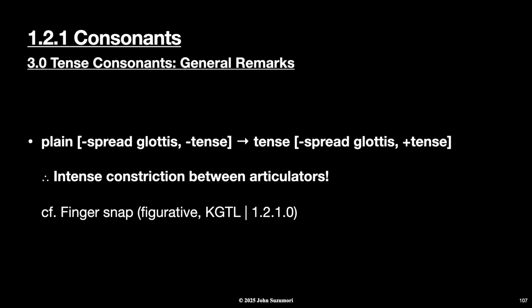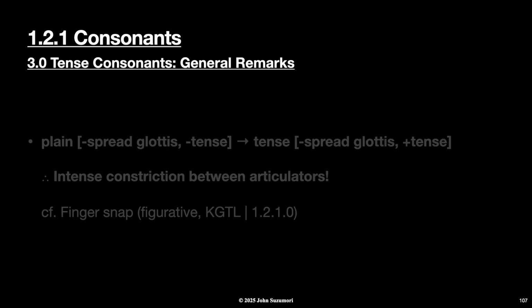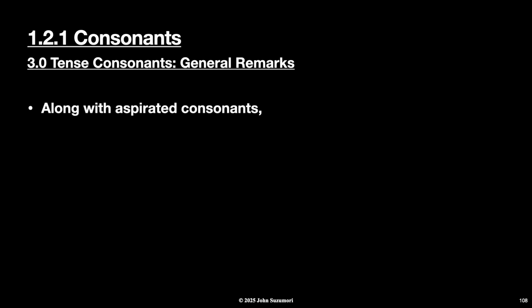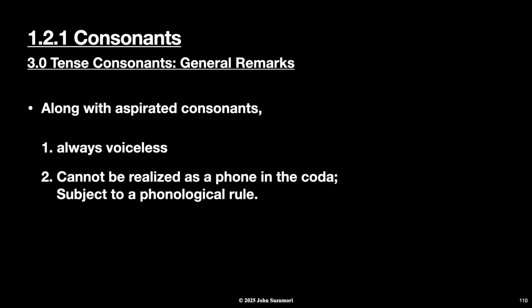As illustrated in the earlier part, tense consonants are derived by making the constriction between the pertinent articulators and the vocal folds tight and intense, releasing the tension almost simultaneously like a finger snap. Along with aspirated consonants, tense consonants are always voiceless and cannot be realized as a phone in the coda.